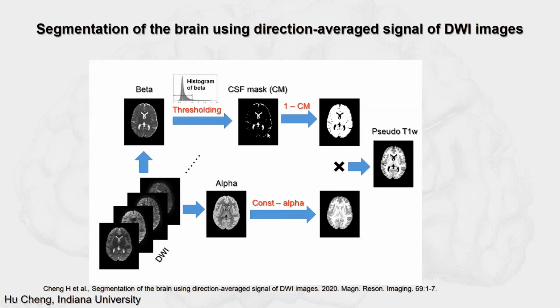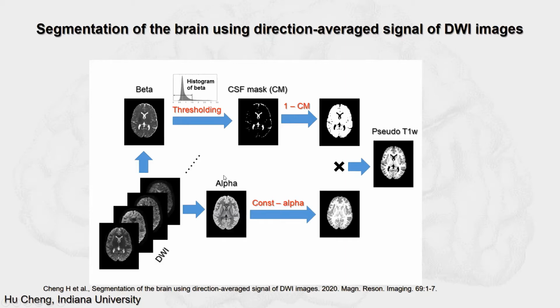Hence, we propose to use the direction average signal of DW images to classify brain tissues into CSF, gray matter, and white matter. First, we exploit the beta map to find the CSF mask, and then the mask of the gray matter and white matter.